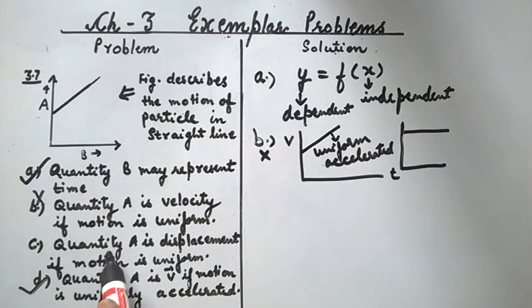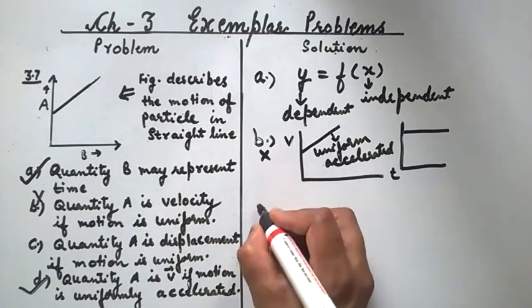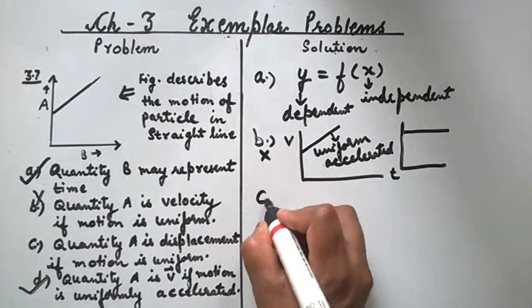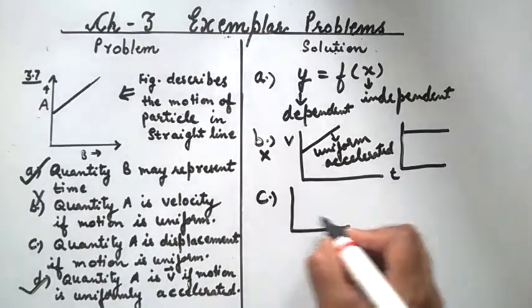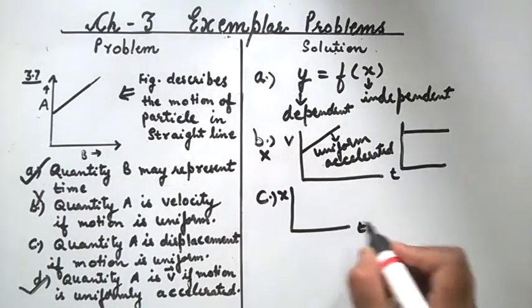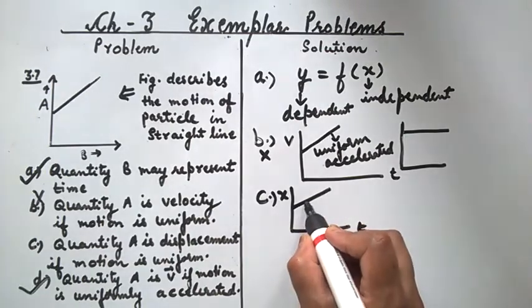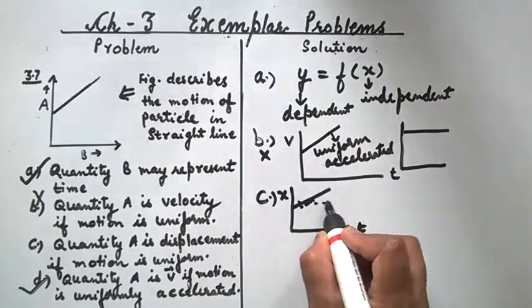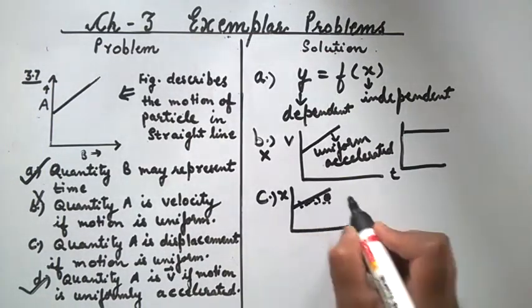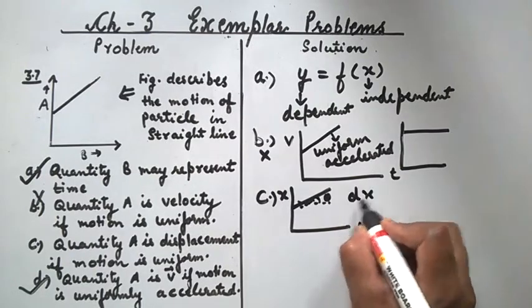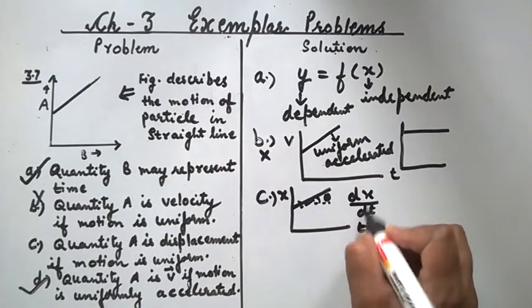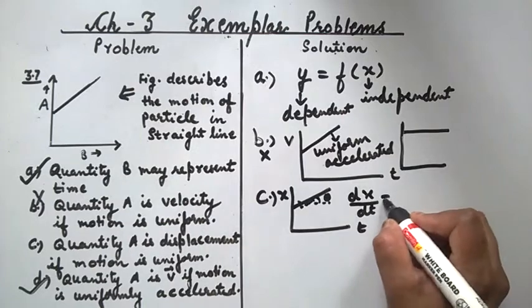Option C is quantity A is displacement if motion is uniform. If A is displacement, then the slope will represent velocity, that is, change in position per unit time, which is v.